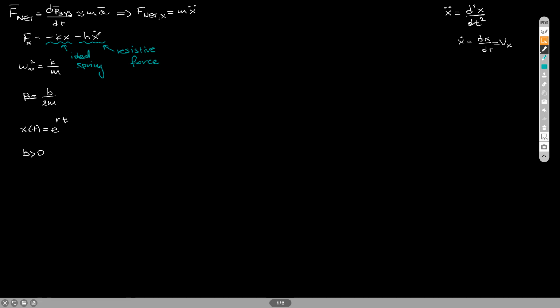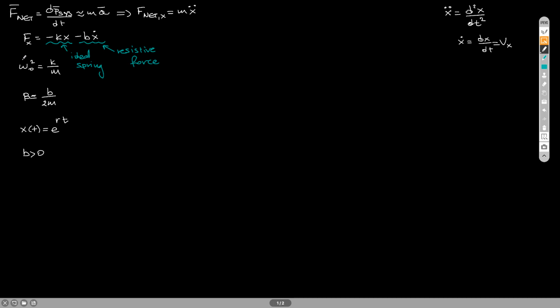If the velocity is negative, then this force will be pointing in the positive direction. This shows you that this force is always opposite to velocity, and that's why it is a resistive force. There is no way that this will help my system speed up. This will always cause the system to slow down.